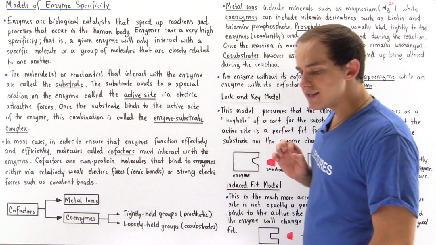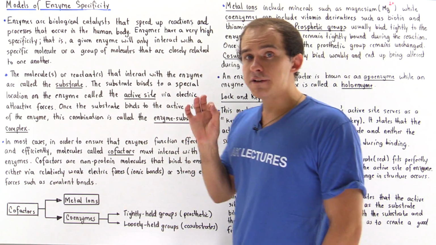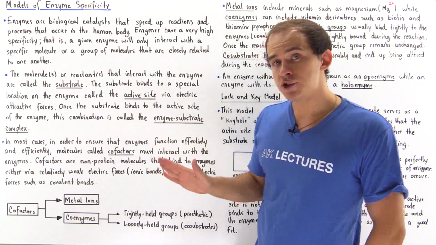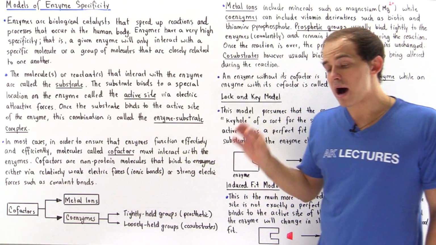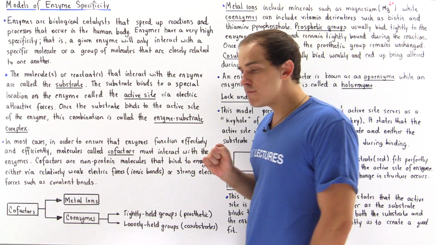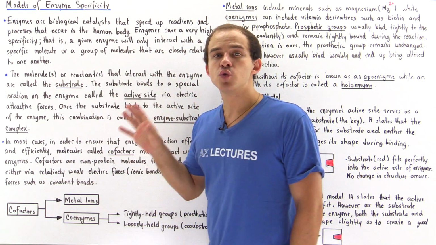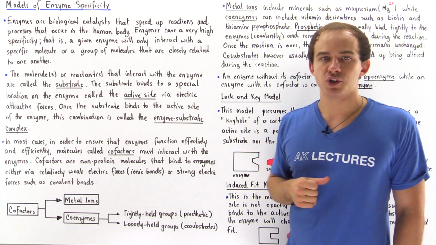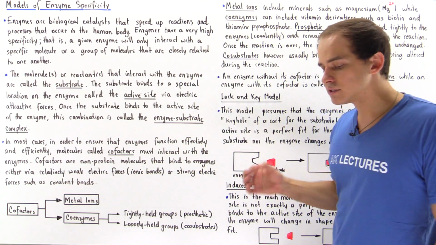So in most cases, for the enzyme to actually function effectively and efficiently, another type of molecule, a non-protein molecule, has to bind to our enzyme, and this molecule is known as a cofactor.